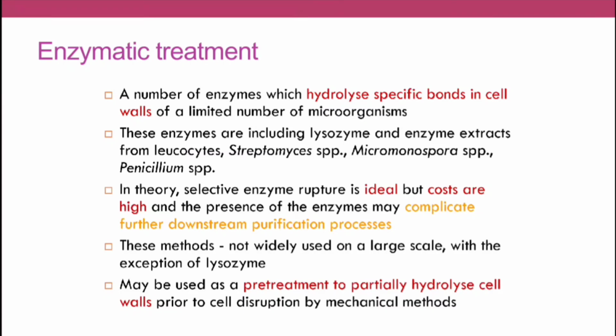Now this is the most expensive method, that is enzymatic treatment. A number of enzymes hydrolyze the specific bonds in the cell walls of a limited number of microorganisms. This is a very specific treatment where a specific enzyme is used for reacting with the specific composition of the cell wall or the membrane.